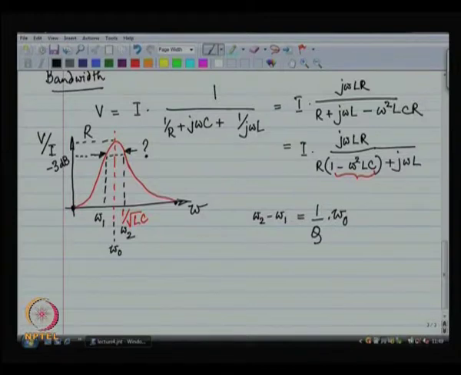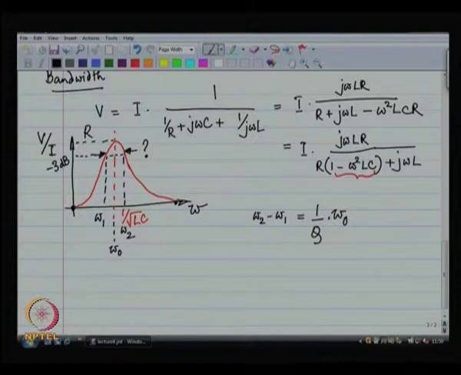So, omega naught is 1 by square root of LC, and Q is whatever Q you have for that particular parallel network. If it is a series network, the same relationship holds without any further modifications. There you just put the appropriate value of the quality factor.